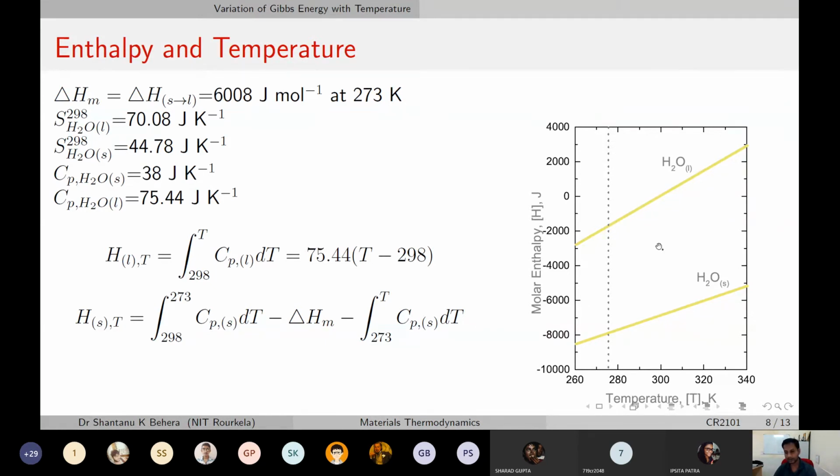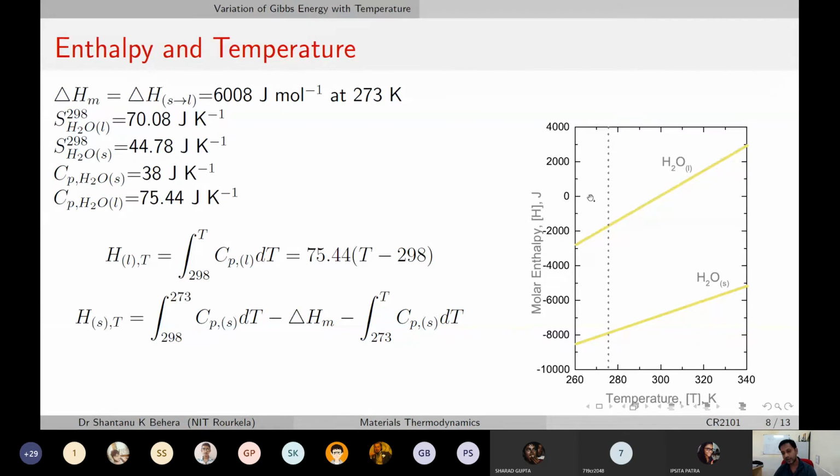This is 273, so 298 should be somewhere around here, close to 300. At 298 Kelvin and 1 atmosphere, you'll see that the form of H2O that is stable is liquid water, right? So we assign 298 Kelvin and liquid water an enthalpy of 0.